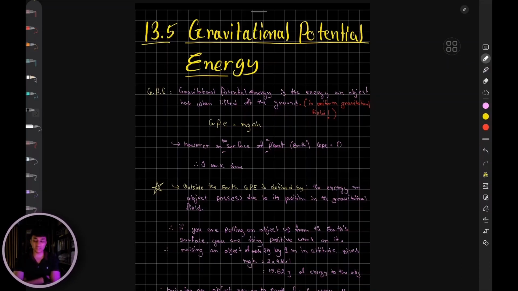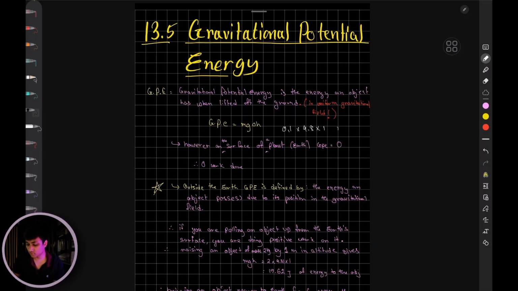Now, what we used to see is, let's say, this pen. I'm lifting this up to a distance of 1 meter. I am putting energy into the pen. And what we used to get is, after lifting it by 1 meter, it gains 100 grams of mass, 0.1 kg, times gravity 9.81, times the height 1 meter.